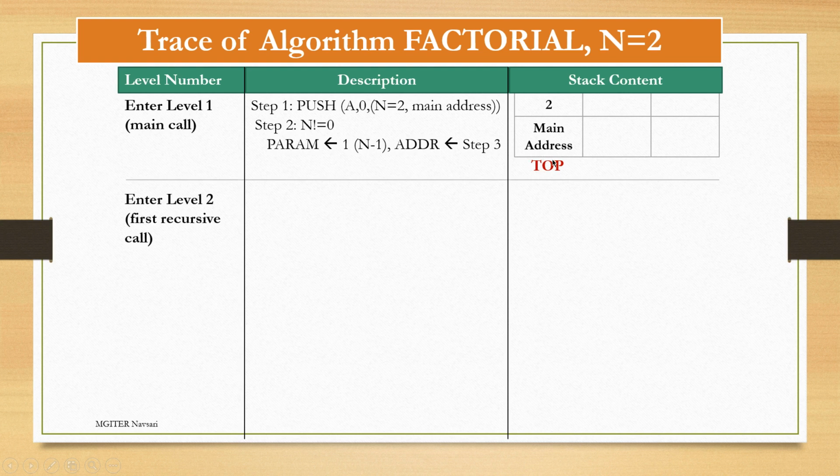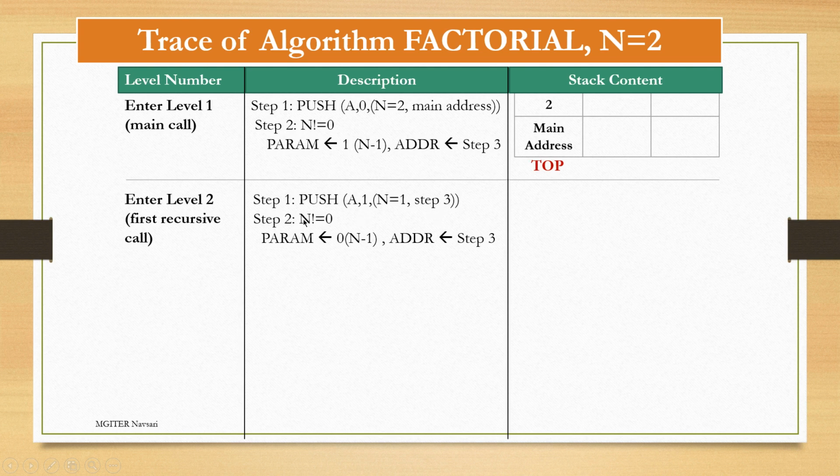Now enter into level number 1, that is the first recursive call. So again we push an element into the stack. Here A is our stack, and this is top, because our top is pointed over here, that is 1. Now n is equal to 1, so it is directly written over here, and the address is directly written from here, so step 3 is here.